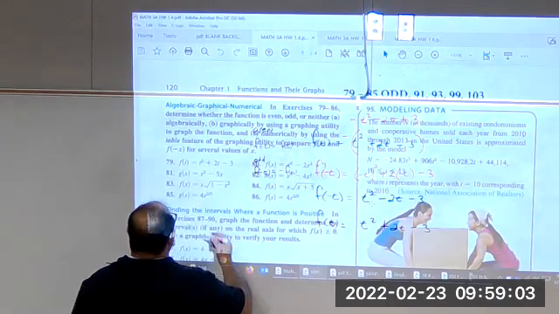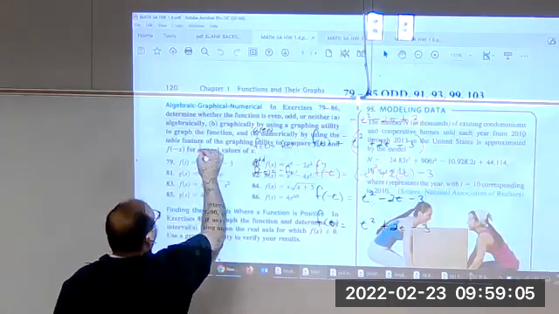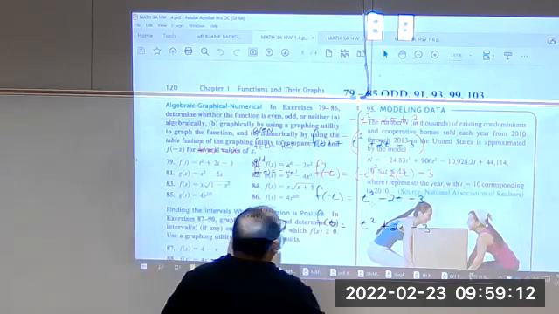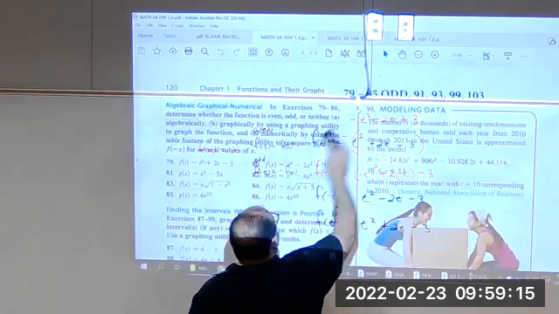So 83, f of x is x times the square root of 1 minus x squared. Actually, this is where I'm working.